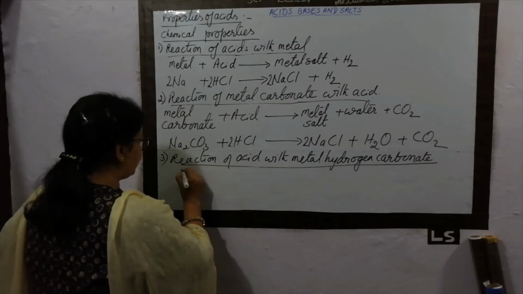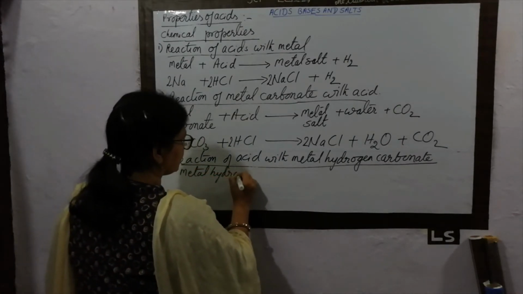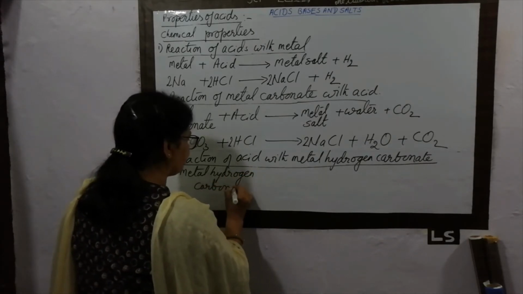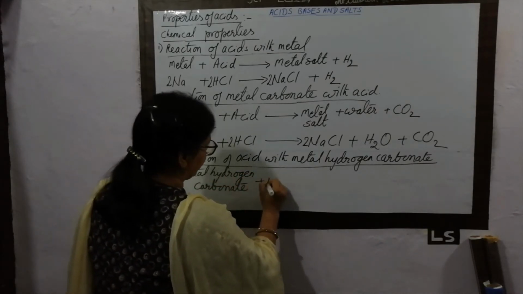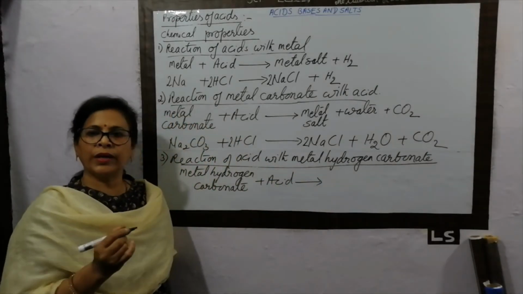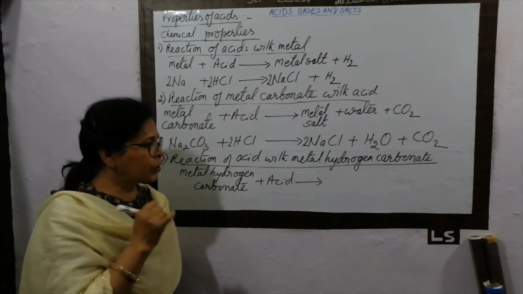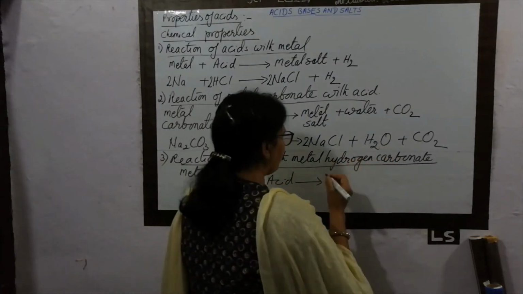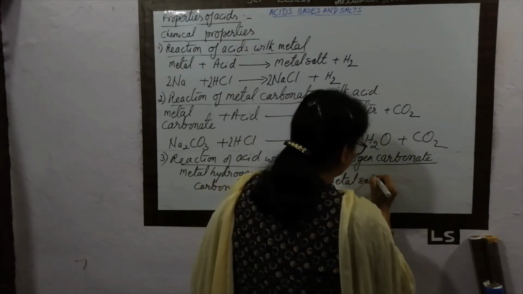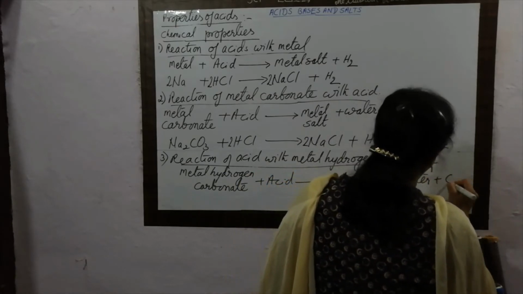We have metal hydrogen carbonate, and it reacts with an acid. Okay, what happens when these two react together? Again metal salt is formed, water is formed, and carbon dioxide is formed. Here metal salt, then water, then carbon dioxide.